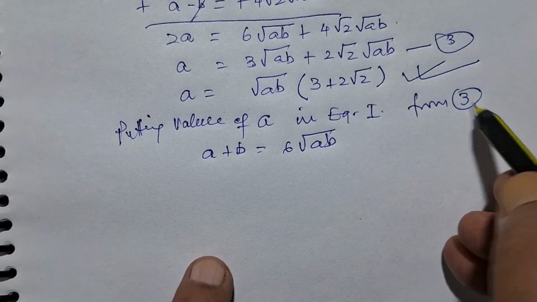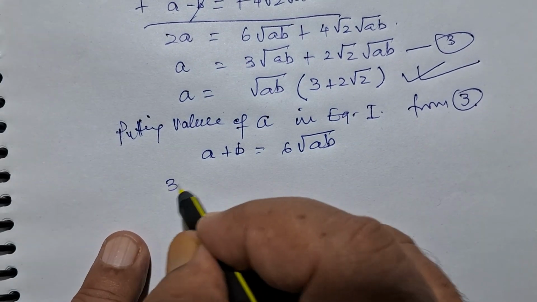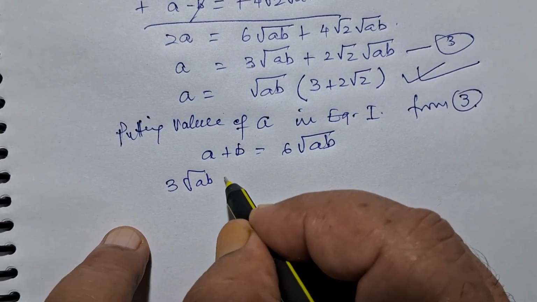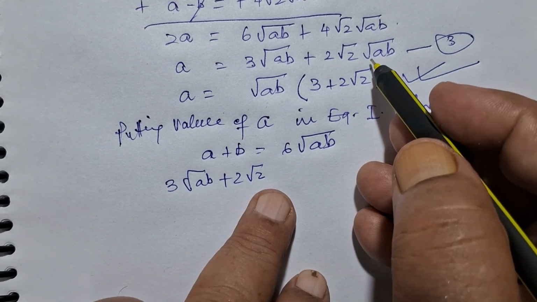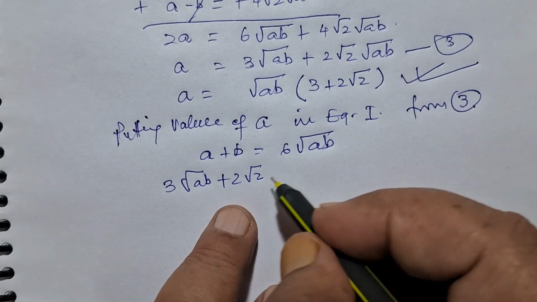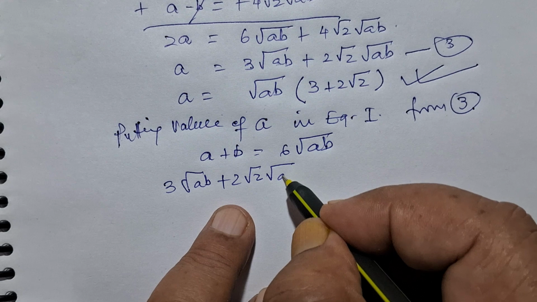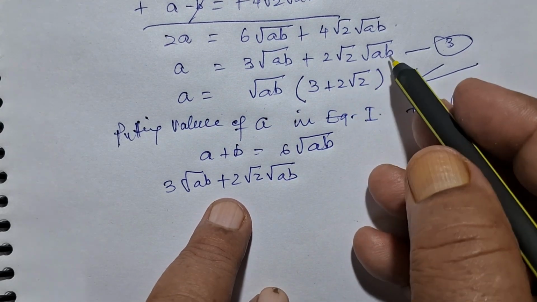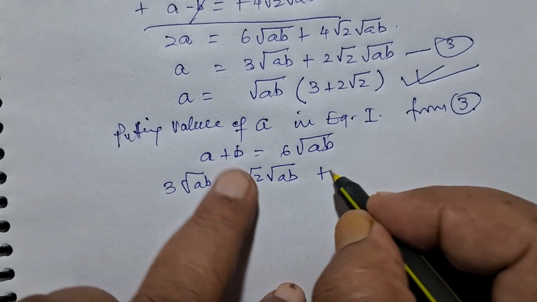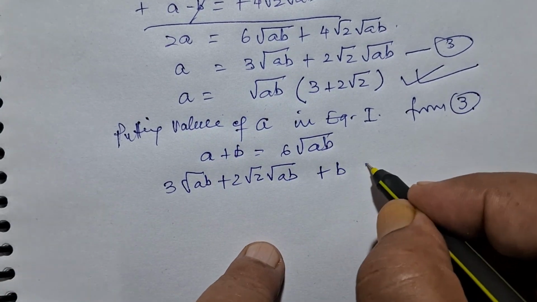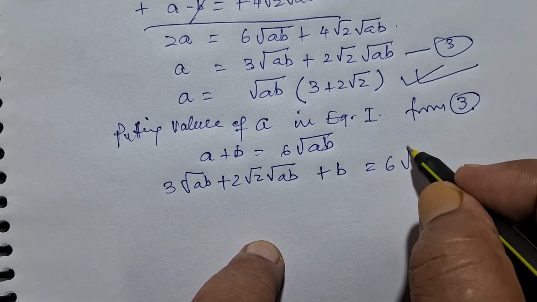Now a is from 3, so it will be 3 root ab plus 2 root 2 under root ab, plus b will remain here, equal to 6 root ab.